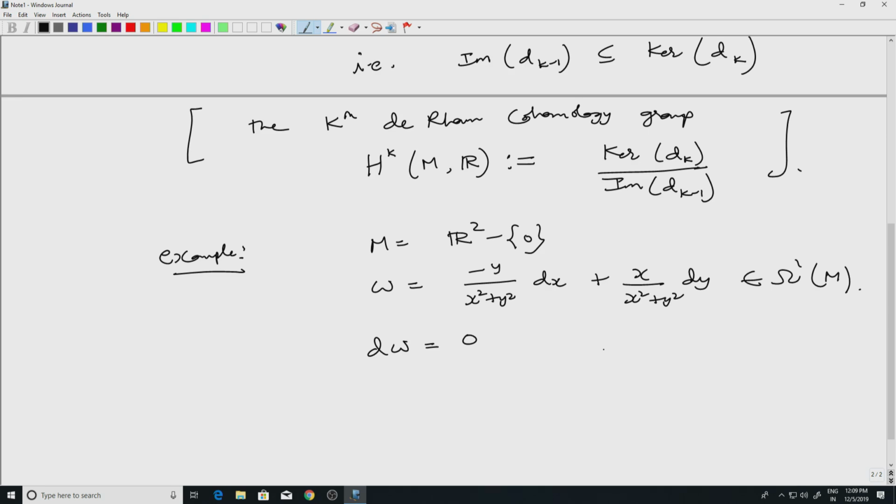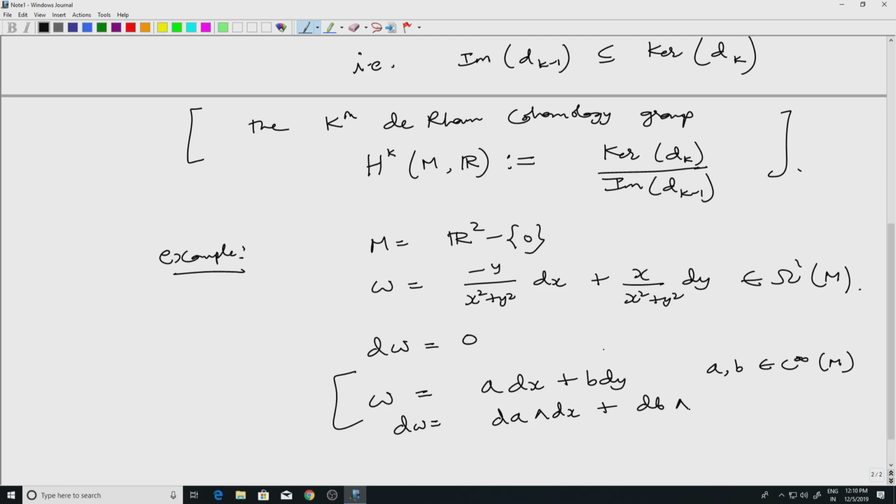So for instance, if I write omega as a dx plus b dy, where a and b are functions on M, then d omega is by definition dA wedge dx plus dB wedge dy, and that dA we know what exactly it is.